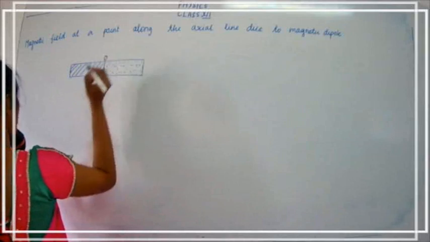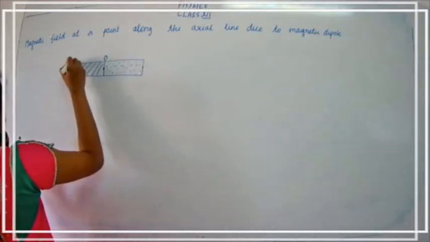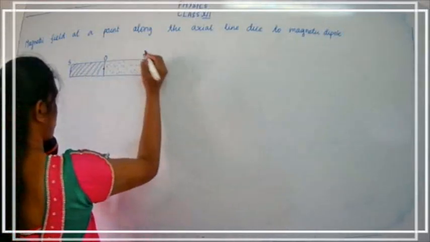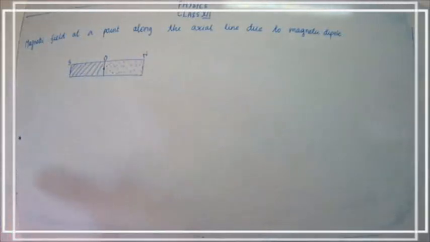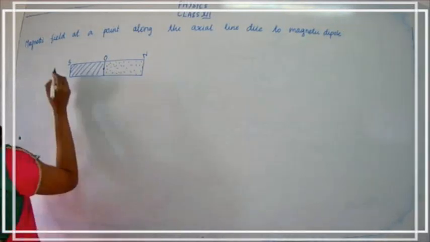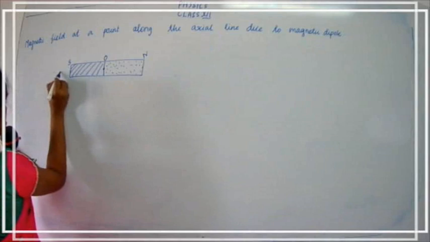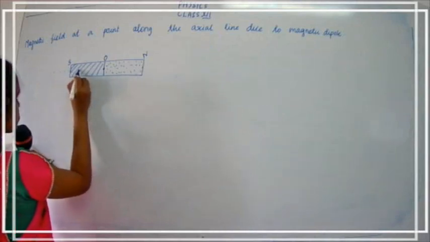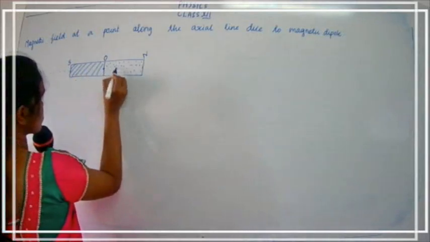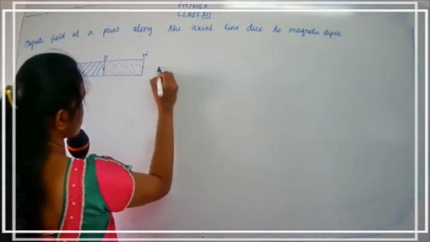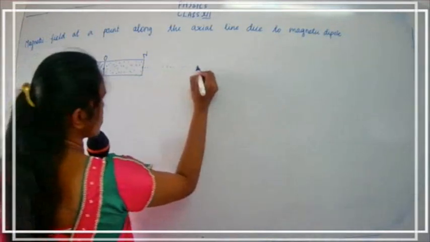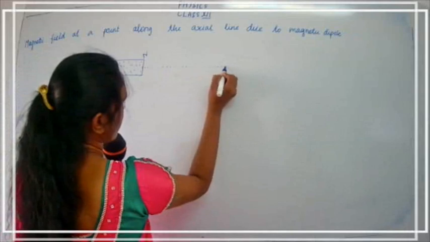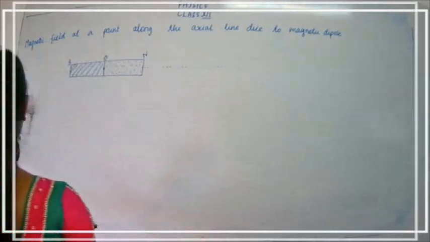This is the geometric center O, this is the south pole and this is the north pole. Now you draw the axial line. The axial line is the midline. This is the axial line.